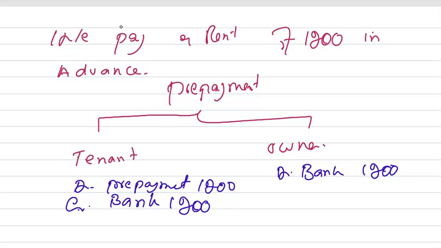And for the owner, debit is bank and credit will be prepaid income, meaning we received the income in advance. It's not yet my income, but after 12 months, when the tenant has stayed in the room for 12 months, it will become our income. For the time being, it will be recorded as prepaid income.